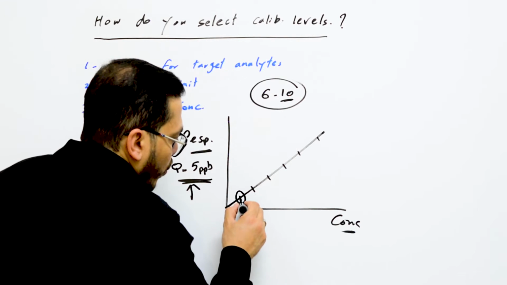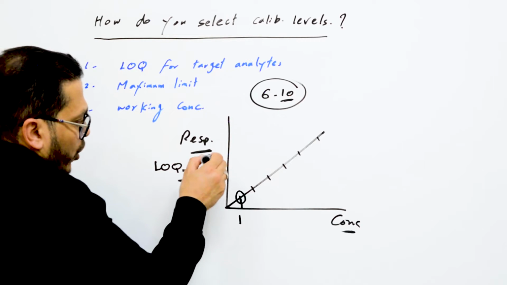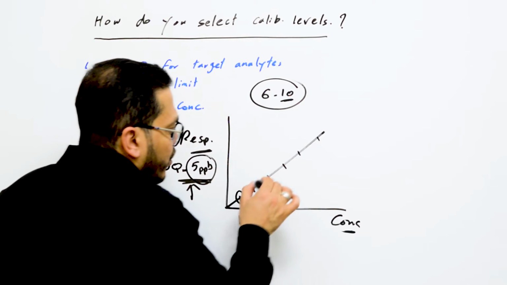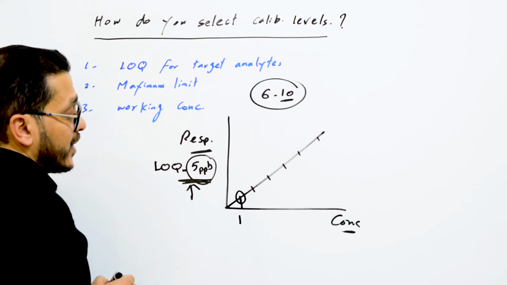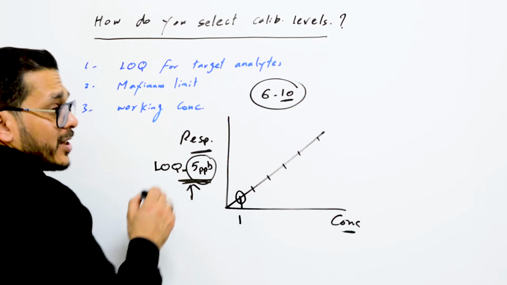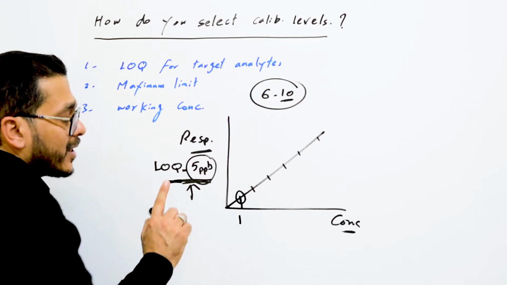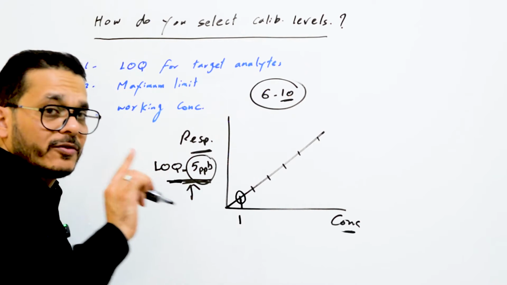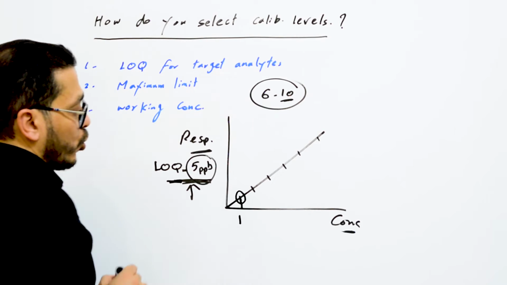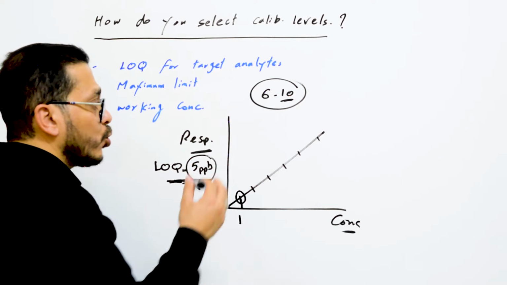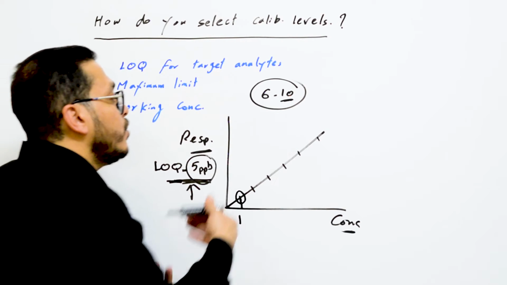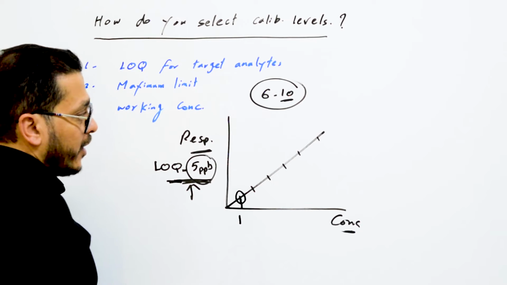You can start from 1. So your LOQ will be in between your calibration levels. You can start from the LOQ, but it is better to start from 1 point before the LOQ, so your LOQ is included in between your calibration levels.